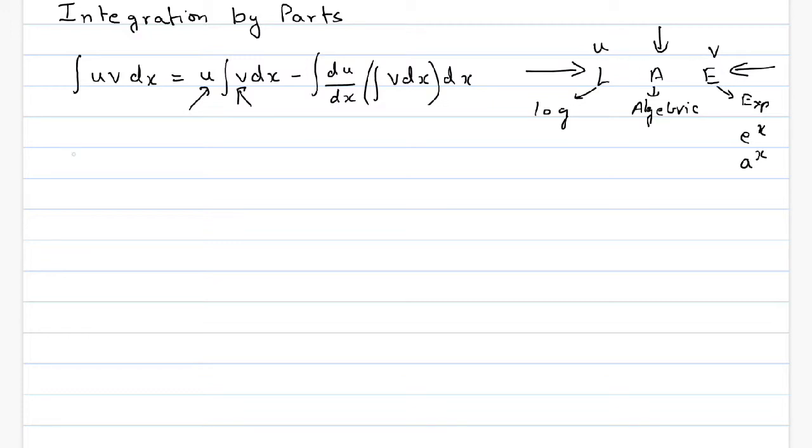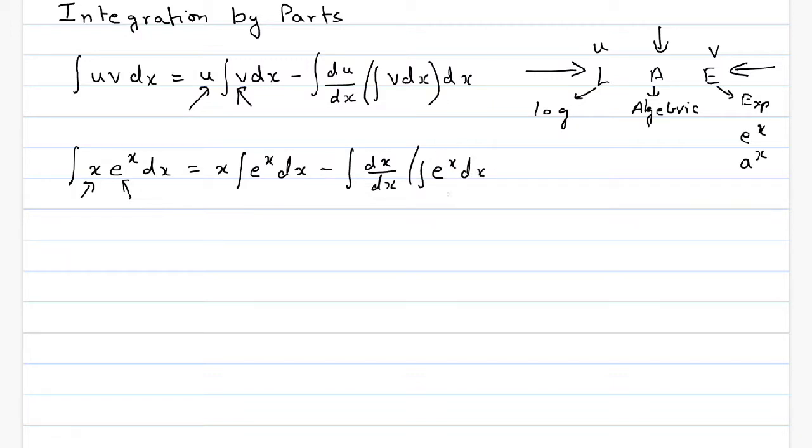Now a simple example: we'll take the integration of x e raised to x. Here x is our algebraic term and e raised to x is our exponential. Exponential is always v, therefore x becomes our u. We'll follow our formula: u constant, integration of v, minus the integration of the differentiation of x with respect to x times the integration of v, that is e raised to x dx.